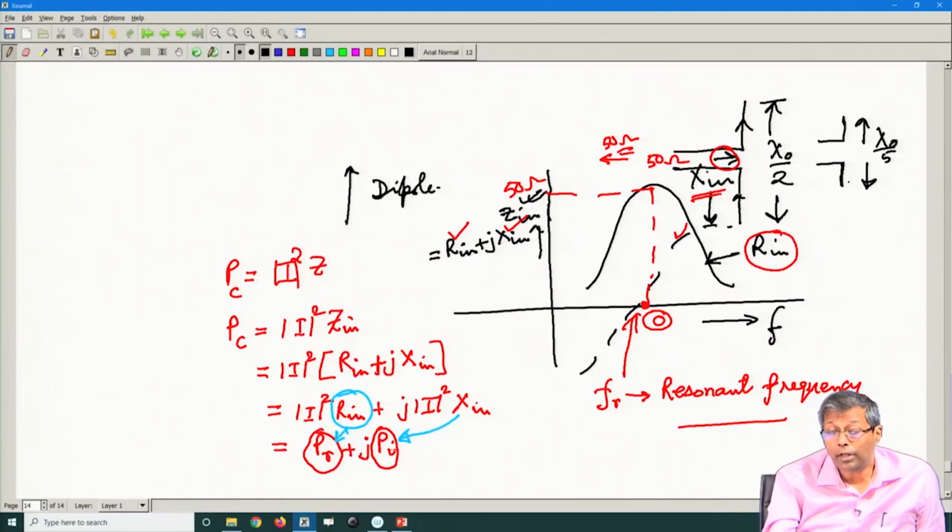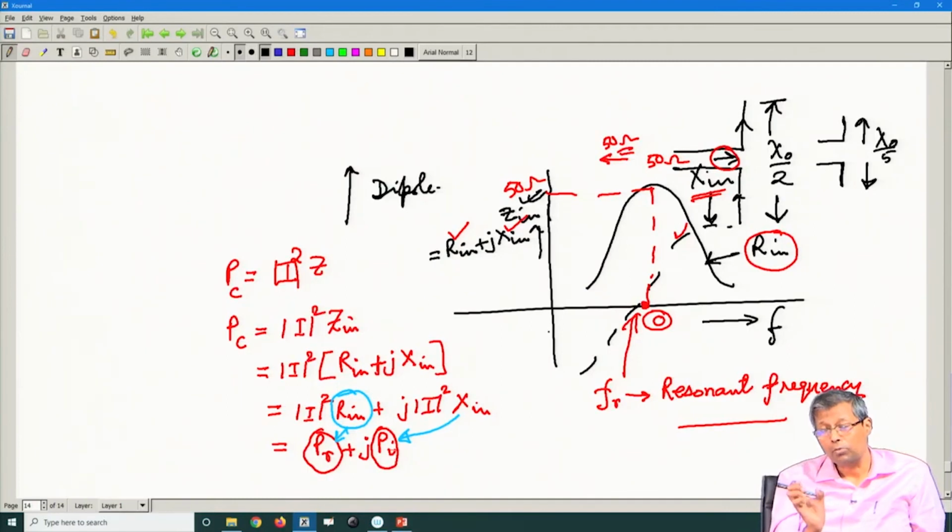So, when will that happen? That means the resonant frequency should be shifting to the left. So, for a smaller antenna, the resonant frequency should be shifting to the left side.